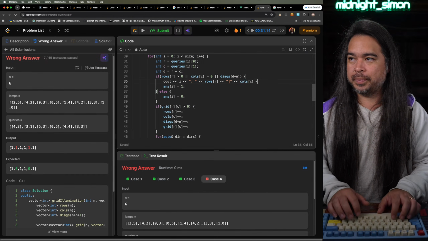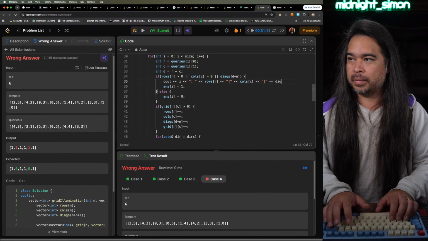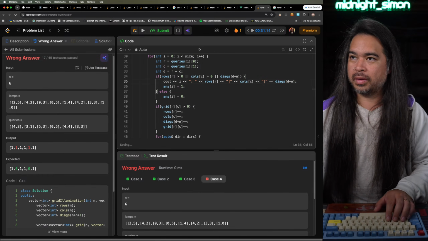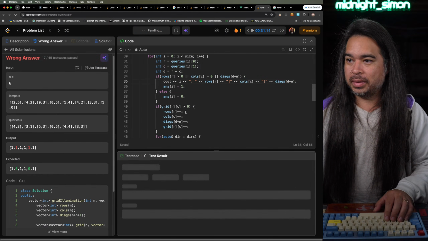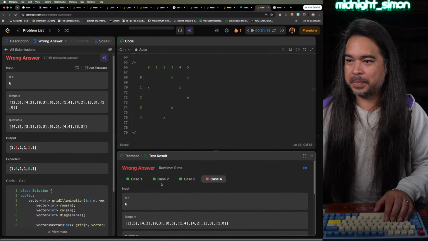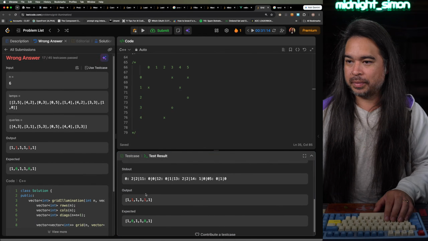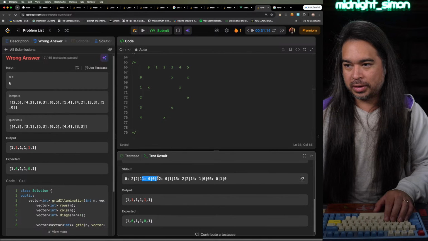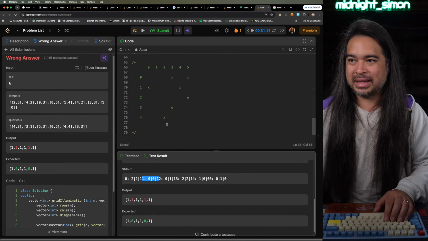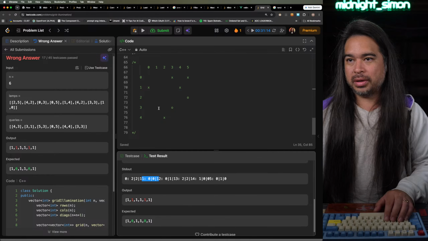Anyways, it's too difficult. Oh, this is the 1. So it's a diagonal that it's saying is on, man. 3, 1.